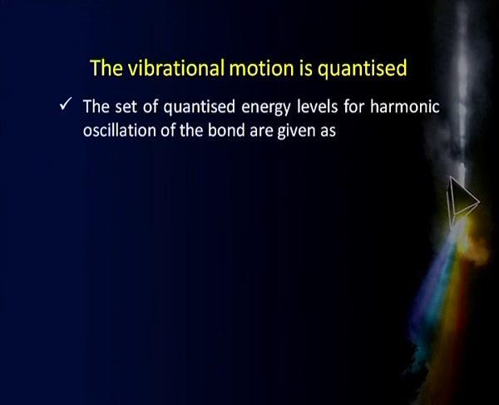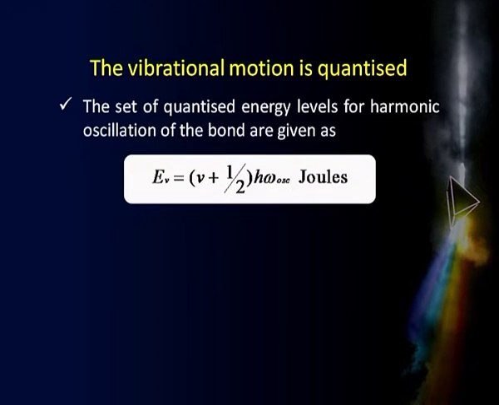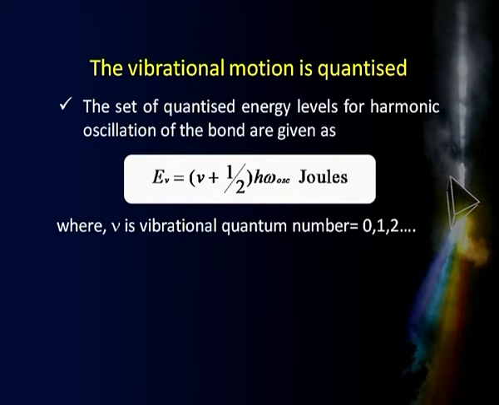We get a series of energy levels given as E_v, where v is the vibrational quantum number with values 0, 1, 2, 3, 4 and so on, and the expression is E_v equals (v plus half) h omega oscillation, in terms of joules.